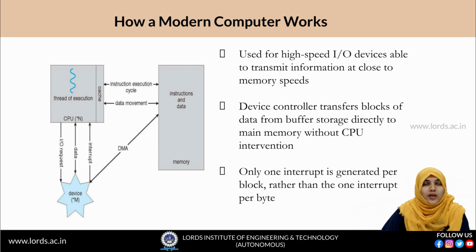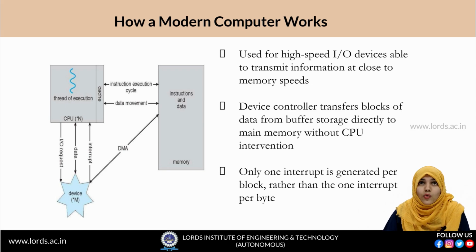So, over here we have one drawback: whenever we want to transmit a bulk or a block of data, it is not as convenient. So instead of going through our CPU, there is another way called DMA, direct memory access. As we can see in the image, in DMA the device interacts directly with the memory.